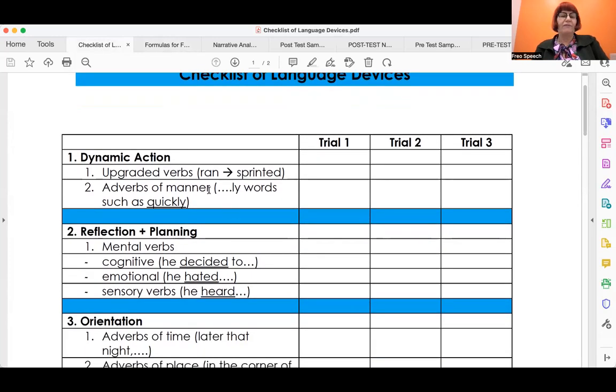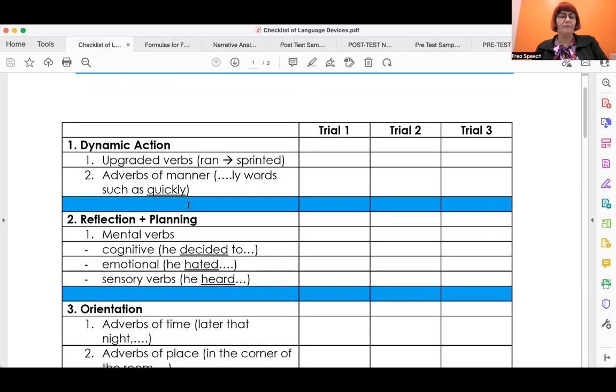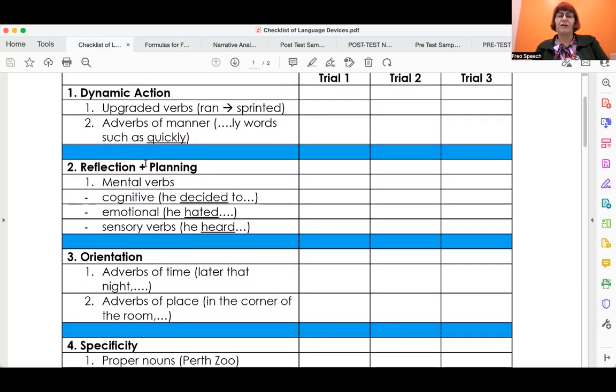What we're looking at in narratives is the nature and the sophistication of the dynamic verbs. So are they upgraded? Are there adverbs of manner that accompany them? And then reflection and planning with mental verbs via cognitive verbs, emotional verbs or sensory verbs.